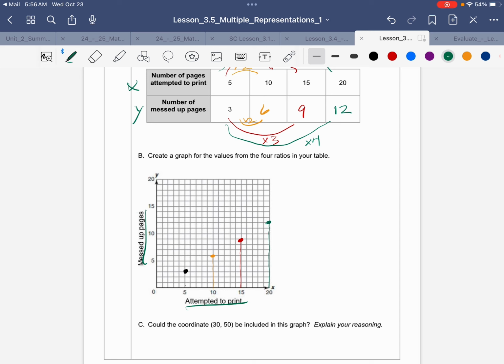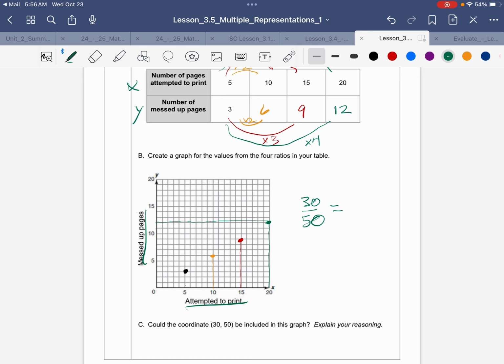Could the coordinate 30 and 50 be included in the graph? Explain your reasoning. Okay, let's see. 30 for X, 50 for Y, we can start with our given ratio. Ours is 5, 3.